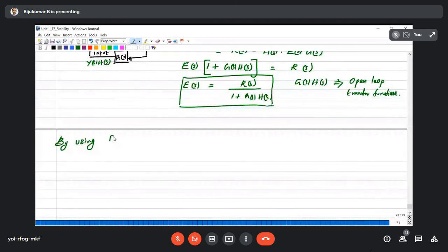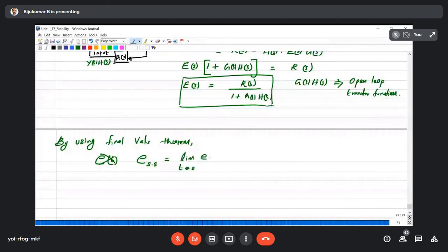The steady state error ESS is equal to limit t tends to infinity E of t.